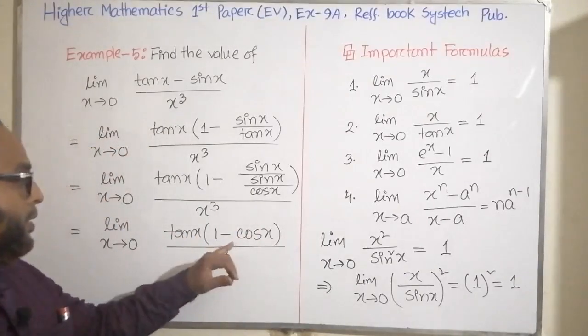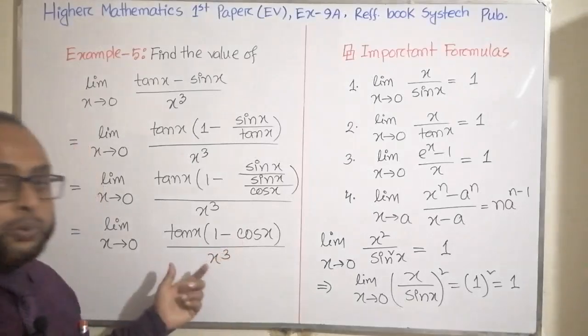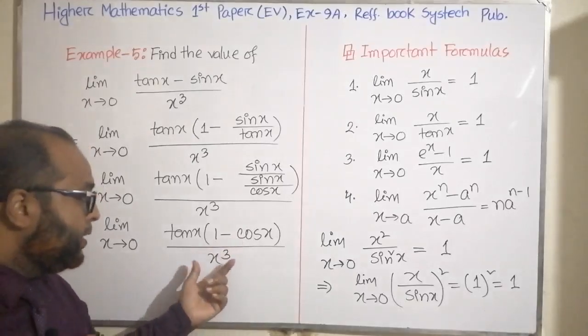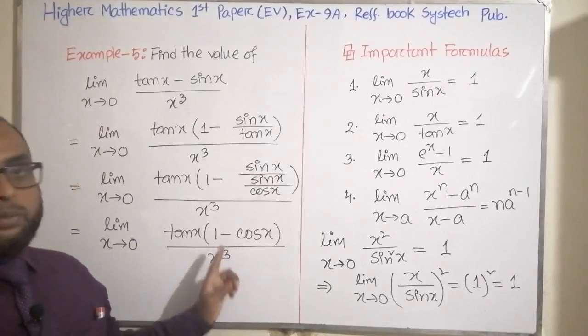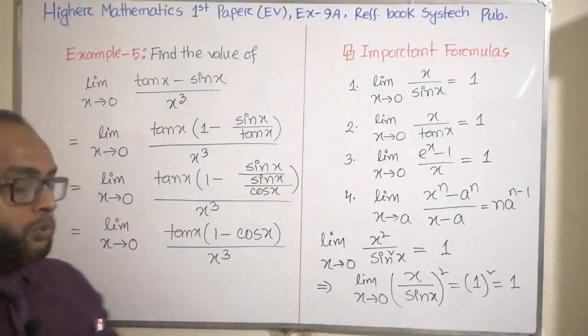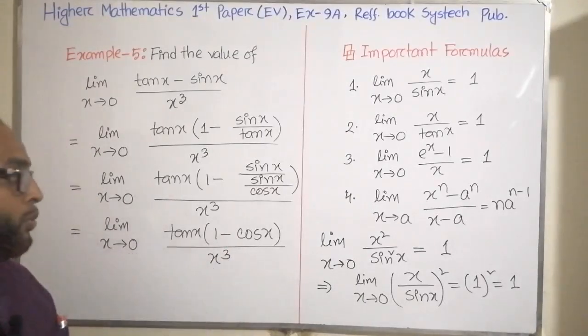Now here if we put x equal to 0 in this line, here we also get 0 by 0 form. So we have to simplify more.